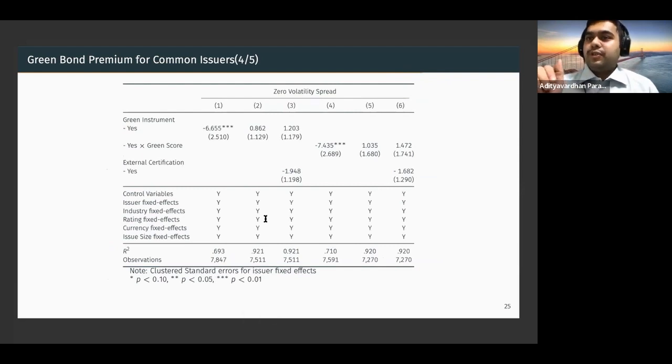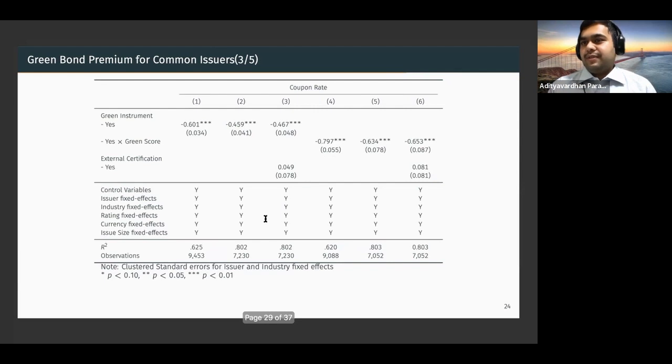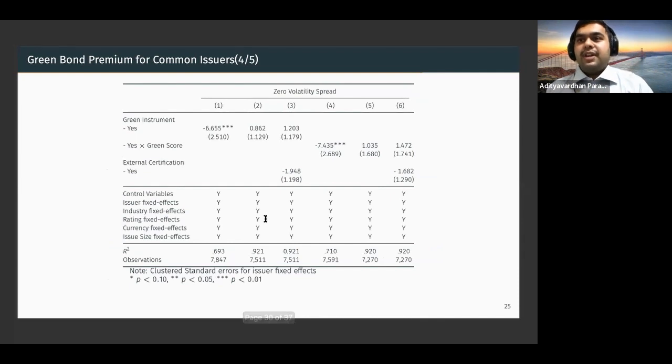In specifications 3 and 6, we see that external certification plays no significant role in determining the coupon rate for the issuers in the primary market, which is consistent with our results in the previous section. Now, the last part remains the premium pricing for the green bonds for common issuers.